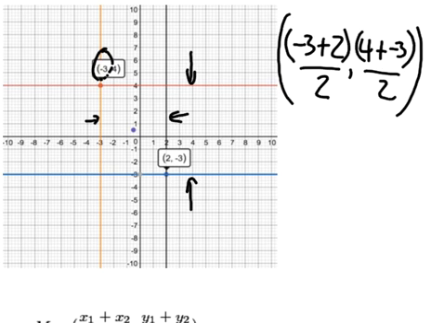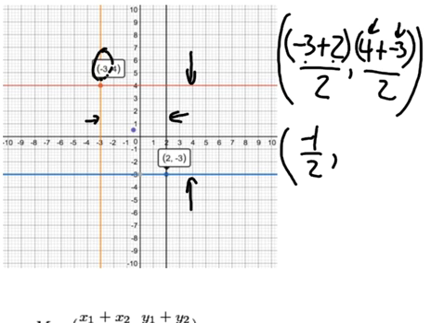So let's just solve this. -3 plus 2, I have 3 negatives and 2 positives. That's going to give me 1 negative over 2. So I get -1/2. And then over here, I've got +4, and I've got -3.